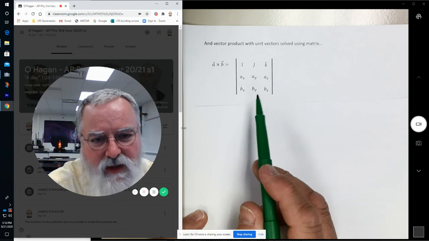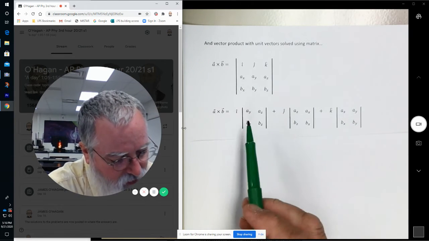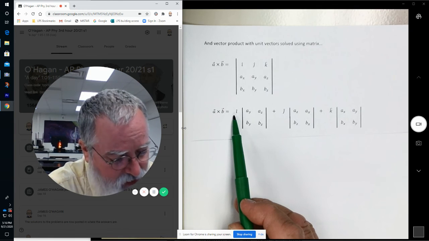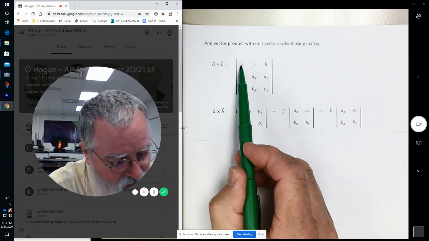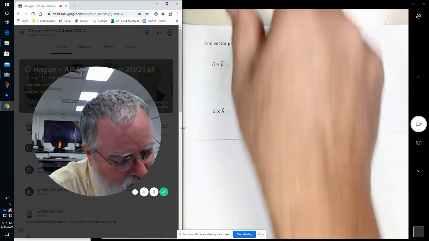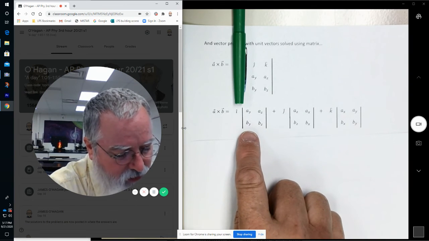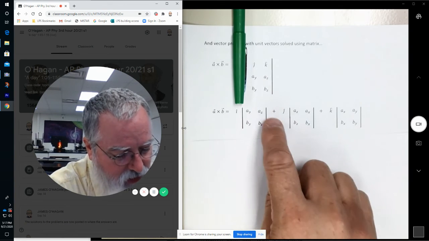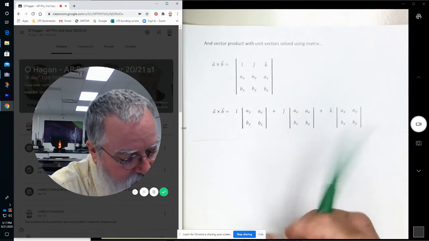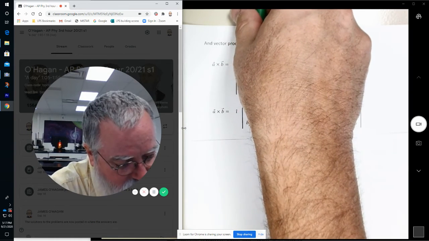Now I'm going to bust this down into its three separate directions. In the I direction, and you probably have learned this at some point, you cover up I, and you look at just the remaining stuff. I've got AY, BY, AZ, BZ. Then for the next part, I'm going to cover up the J, because that's the direction I care about.